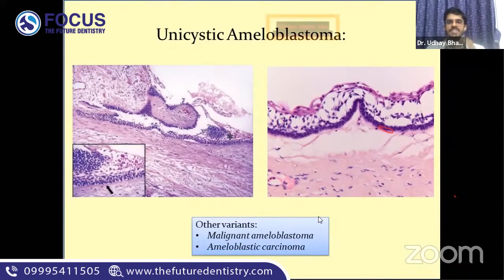Now the important feature here is, a malignant ameloblastoma is an ameloblastoma which occurs at any site other than close approximation to the odontogenic apparatus. If you see a tumor arising at a distant site which exhibits features similar to the ameloblastoma, then you call it a malignant ameloblastoma.